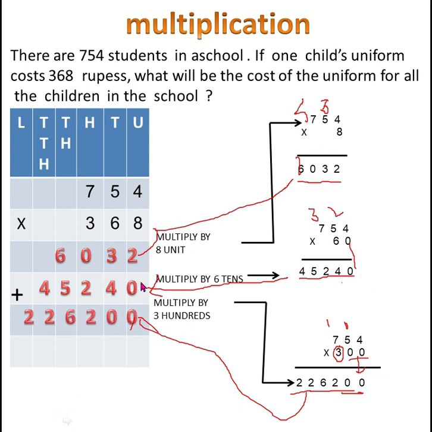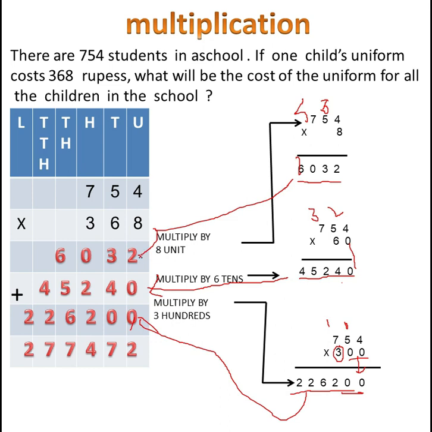Then I will get the 3 values. Then you add the 3 values. Then you will get 2,77,472.